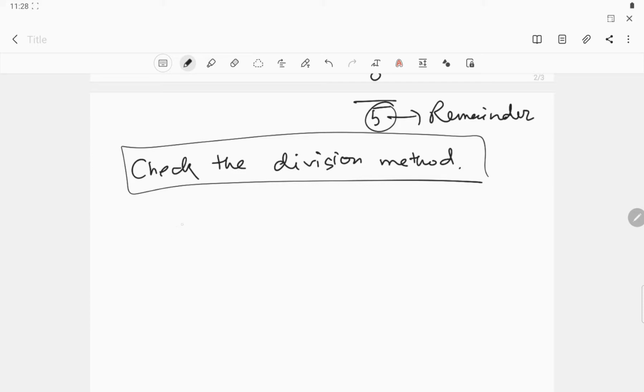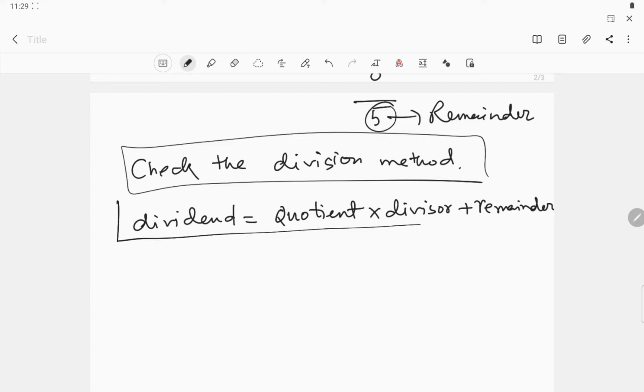The rule is: dividend equals quotient into divisor plus remainder. You have to learn this and always remember: dividend equals quotient into divisor plus remainder.